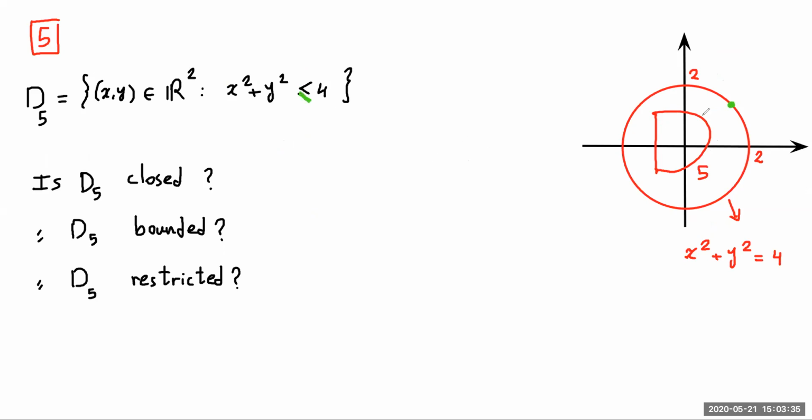Because all of the points on the circle are in the region D5, it's bounded. So for any point inside this circle, x, y, x will not go to infinity and y too. Is it closed? Yes, it's closed because the points of the circle are inside. It's bounded because x, y will not go to infinity, so it's restricted.